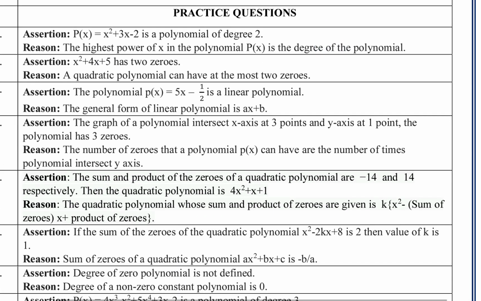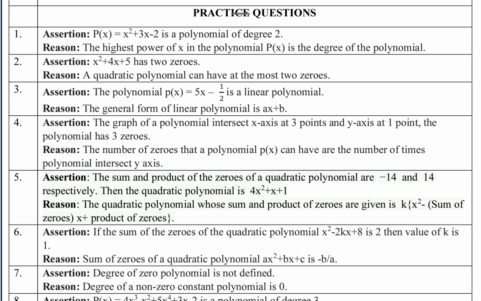See the practice questions. First one assertion and reasoning, second one you check, third one, fourth one, fifth one, sixth one, seventh one, 8th, 9th, 10th. Here the 10th question is given by the assertion and reasoning. Very, very important questions. You can pause and go through these things.